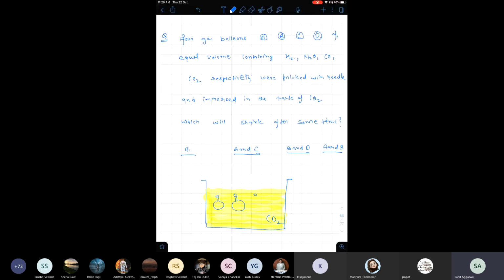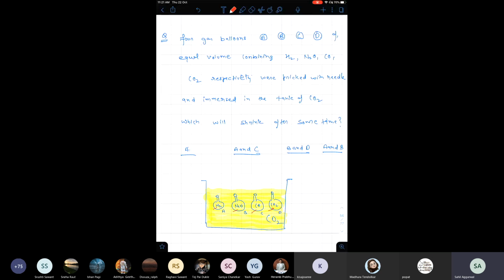One has CO2, one has CO, N2O and H2. These are A, B, C, D. Now, when they are pricked, if you make a hole in them, these gases will try to go out.